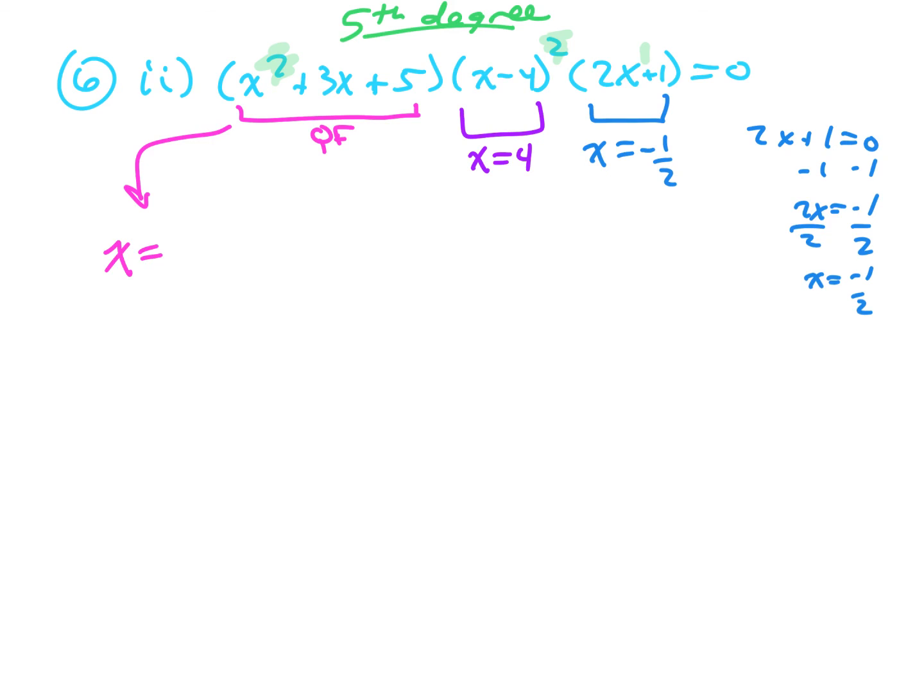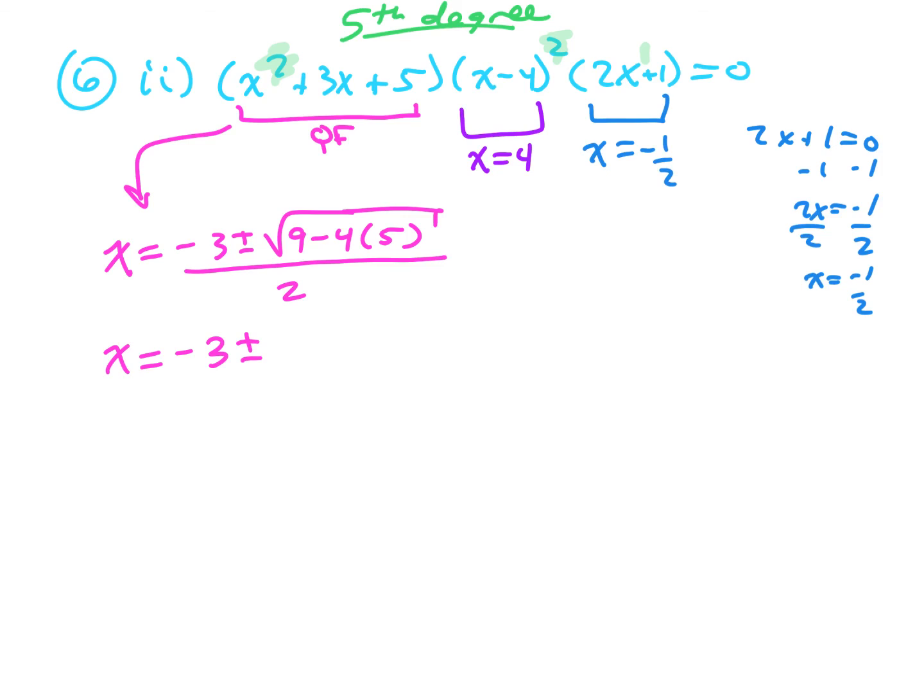Quadratic formula. A, B, C, so opposite of B, plus or minus b squared, which is 9, minus 4a is 1, c is 5. If you do this enough times, you can just really be a quadratic formula wizard. 9 take away 20 is a number that I know, and I'm not afraid to admit that I just used my calculator for that.